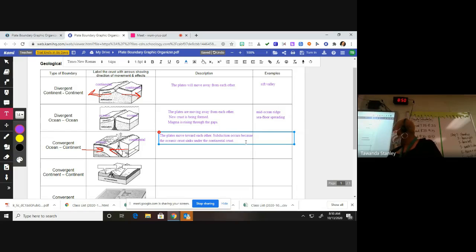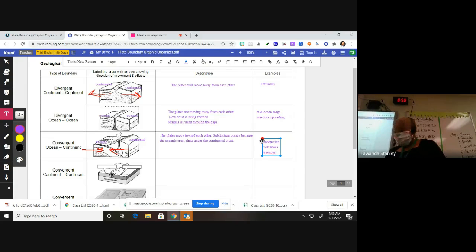Okay, so examples. We can put subduction. We can put volcanoes. We can put trenches.